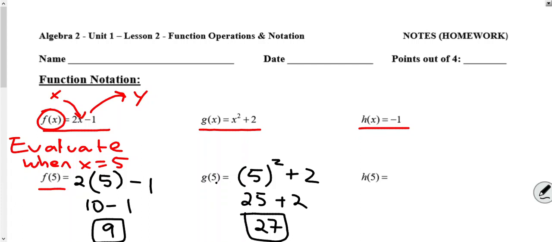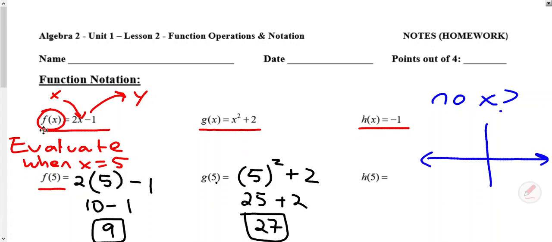Okay, h of x equals negative 1. What's the first thing you notice with this? What's this missing that the other two have? There's no x. Okay, so when h is 5, what's that mean? Okay, if you graph it, remember the line y equals negative 1.